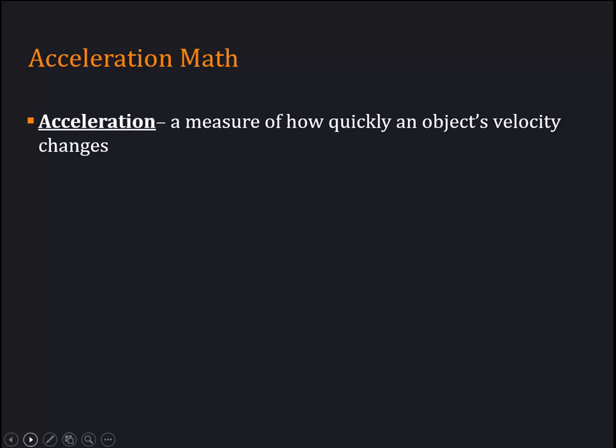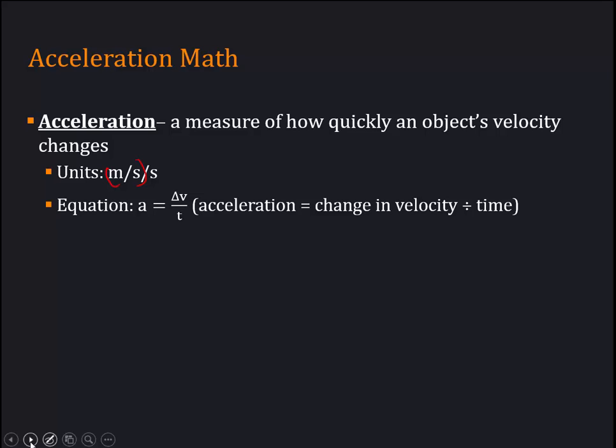So let's do a little bit of math. Acceleration is a measure of how quickly an object's velocity changes. It has units of meters per second squared, or how much the speed changes every second. The equation for calculating acceleration is the equation for calculating slope.